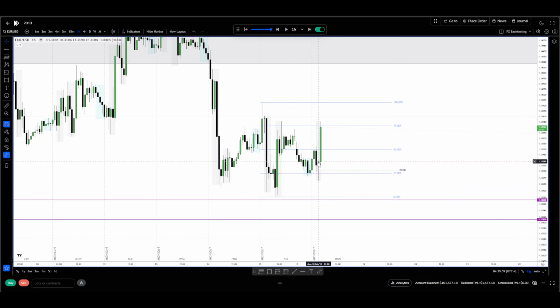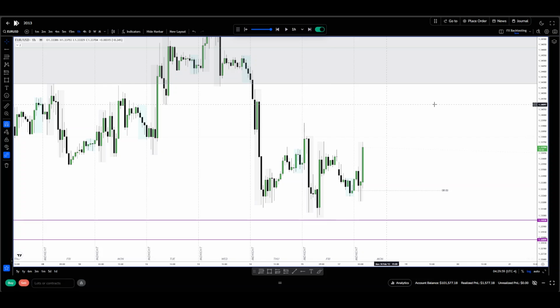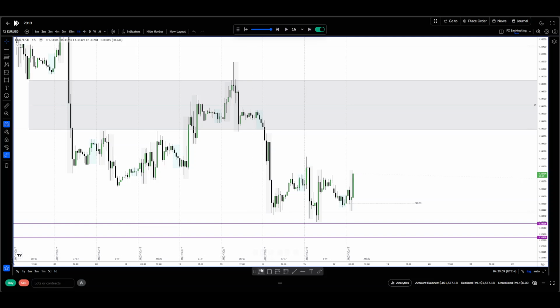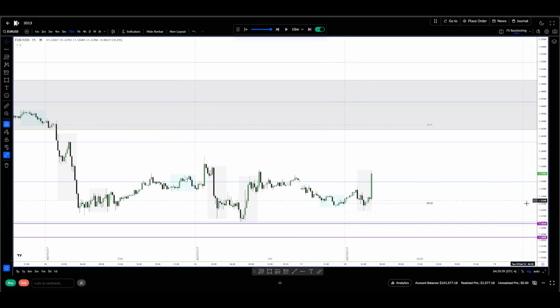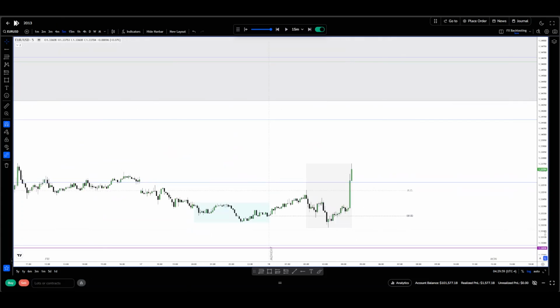We took out this low, closing back into the range, and now we are moving higher. So my guess is it will take out this high, because overall this parent dealing range is this dealing range, right? This high to this low. So probably price wants to go to this order block resting at 50%. Or maybe take out that low right there. Or maybe this one with the C.